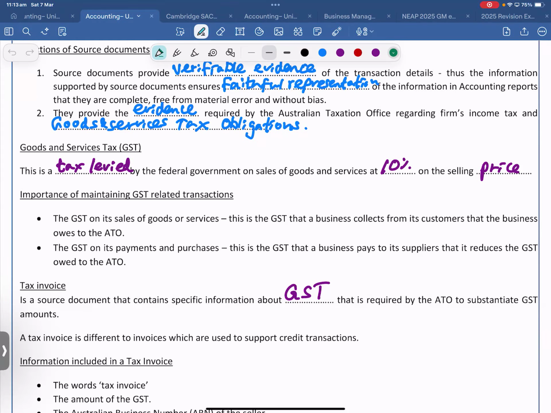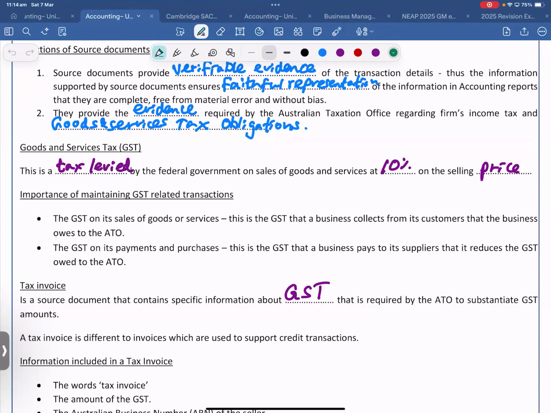Correct. So when we collect GST from you on our fees, we can't keep that money. Let's say we collected $10,000 from you, then we have to collect GST of 1,000 on top.